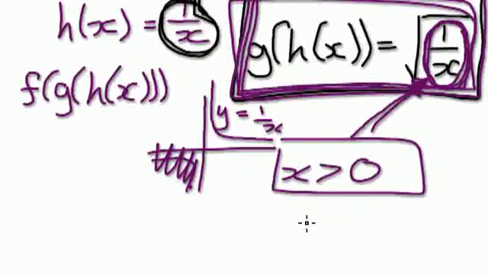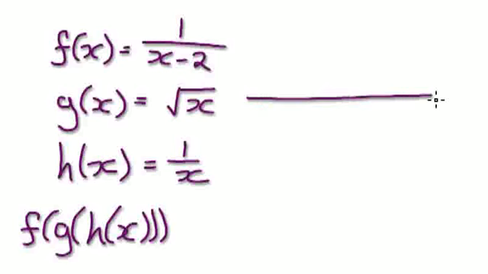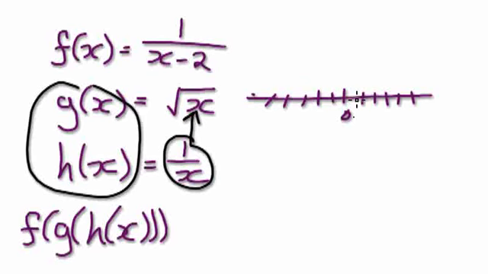Looking at the number line, we are going to put this into here, and the domain for the combination of the two would be anything greater than 0. So it cannot be the number 0 itself.